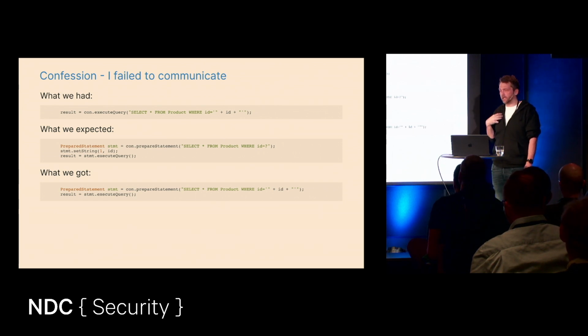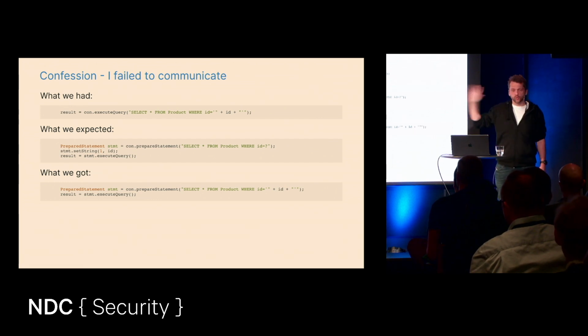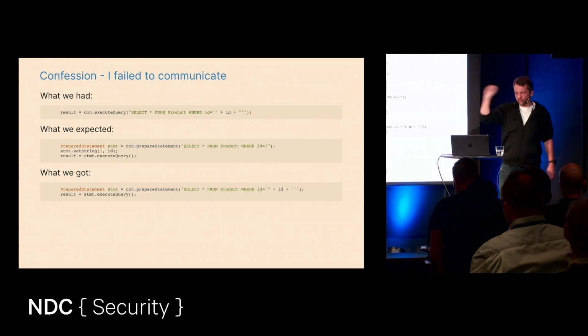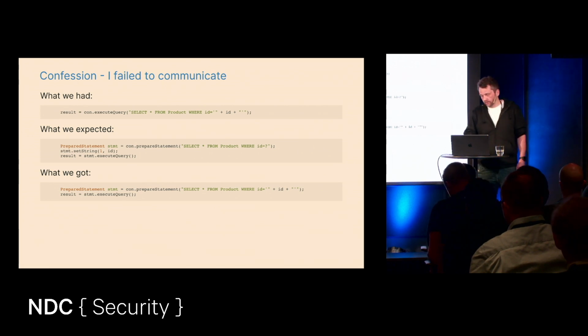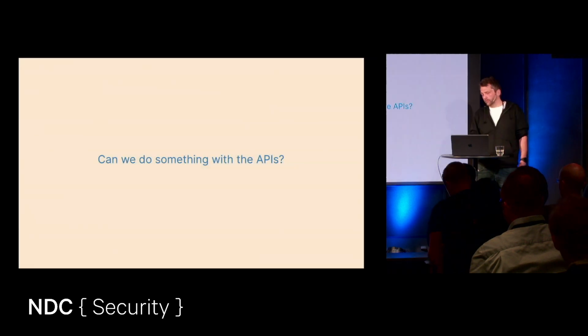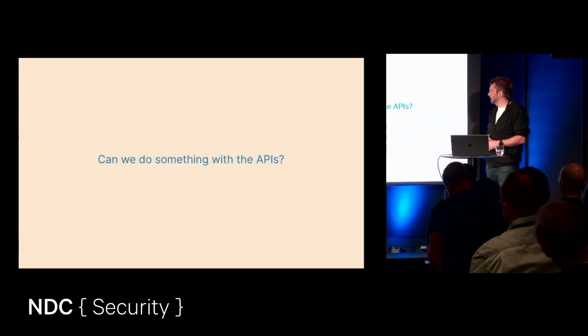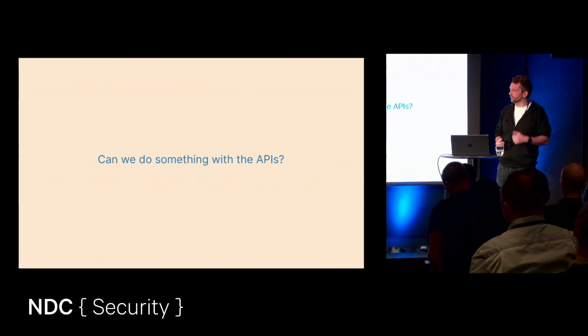I communicated badly, and I think we sometimes do this as security people as well. We assume that everyone else knows you should do it this way, and then we don't explain it well enough. But the question is, can we do something with the APIs? I think Philippe De Ryck, who was talking yesterday, had some great examples of this.